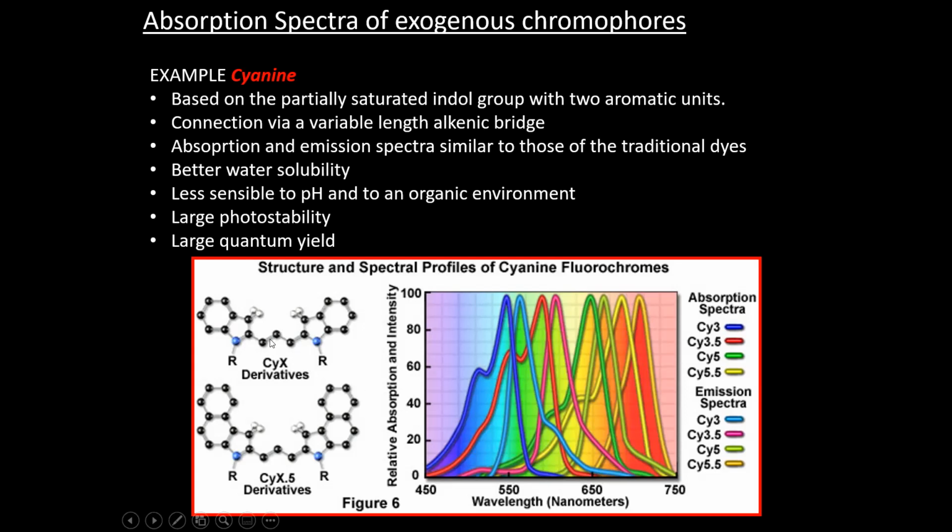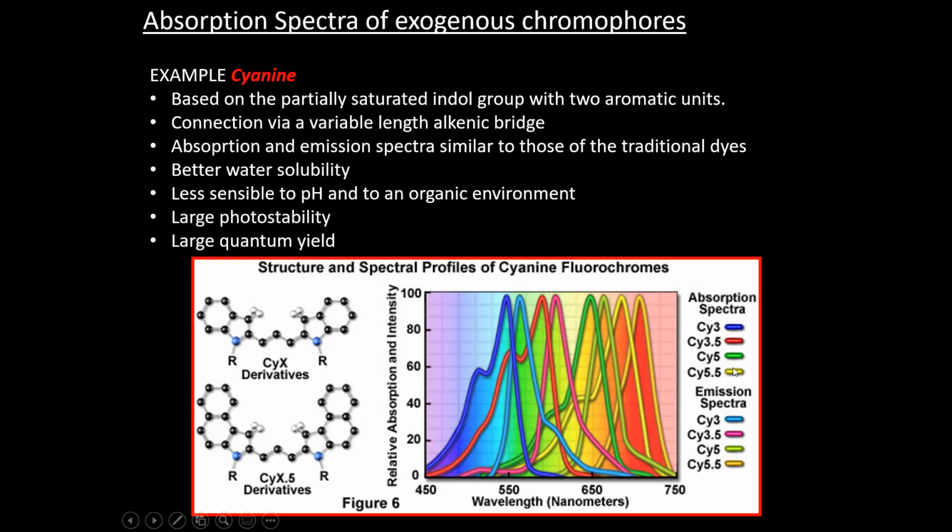If you change the length of this bridge, for example by half a double bond length, and you go to cyanine 3.5, then you see that the absorption spectrum is shifted towards the red, towards the longer wavelengths. So simply by adding a double bond here, you change the spectrum like that.